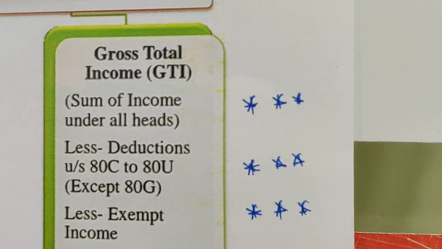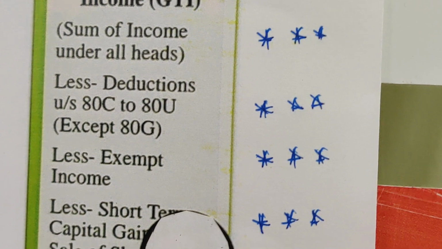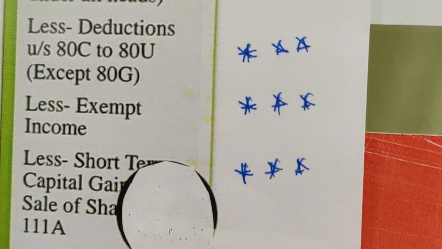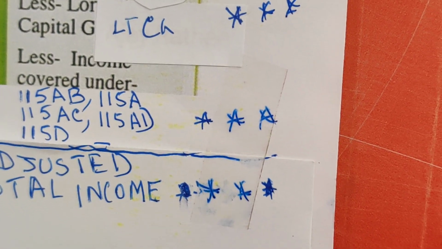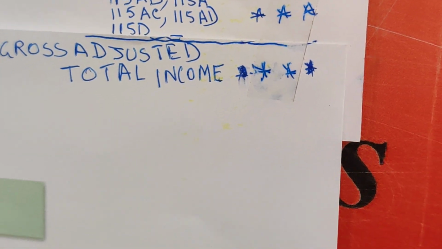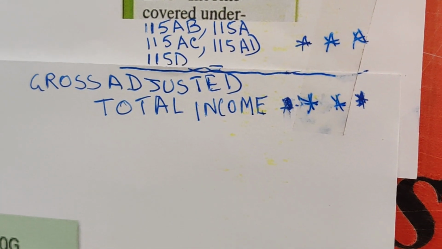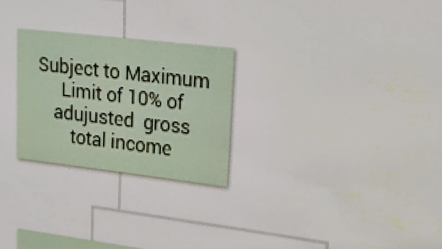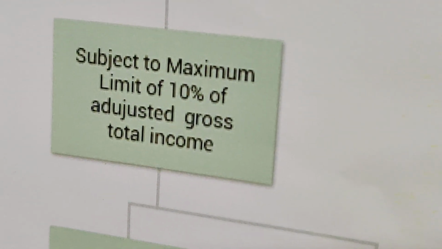From that gross total income, we have to deduct every item under Chapter VI-A except 80G. Then we have to deduct any exempt income, if there is any. Then short term capital gain, then long term capital gain, then other income under 115AB, etc. We will get the adjusted gross total income. So the restricted deductions under 80G, some schemes are restricted up to a limit of 10% of adjusted gross total income.